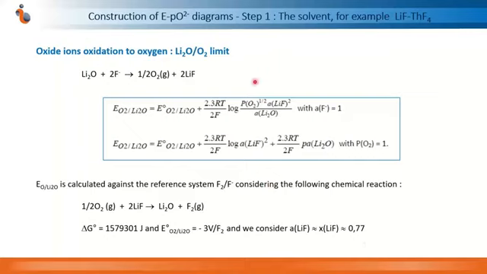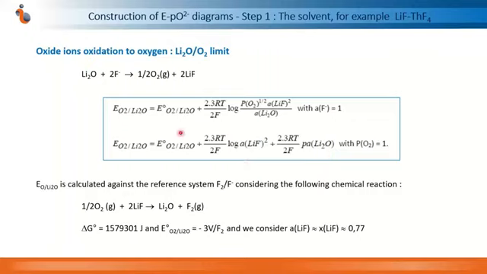Like in chloride salt, we have to look at the oxidation of oxide to oxygen, and we do exactly the same as previously. We have this relation which gives the variation of the potential of oxygen evolution as a function of the cologarithm of the activity of lithium oxide.